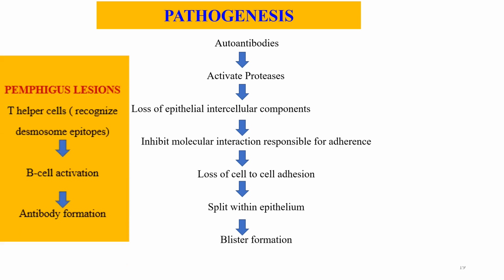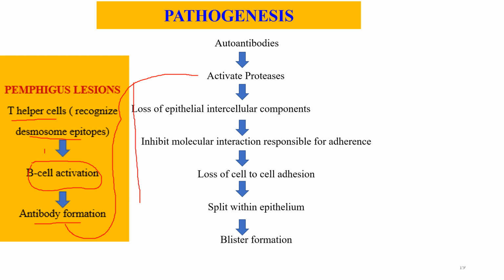In Pemphigus lesions, the T helper cells recognize these desmosomal epitopes and further cause B cell activation, which produces the antibody formation. So this antibody formed will activate the proteases, and further the procedure goes on like this, and finally the blister formation happens.